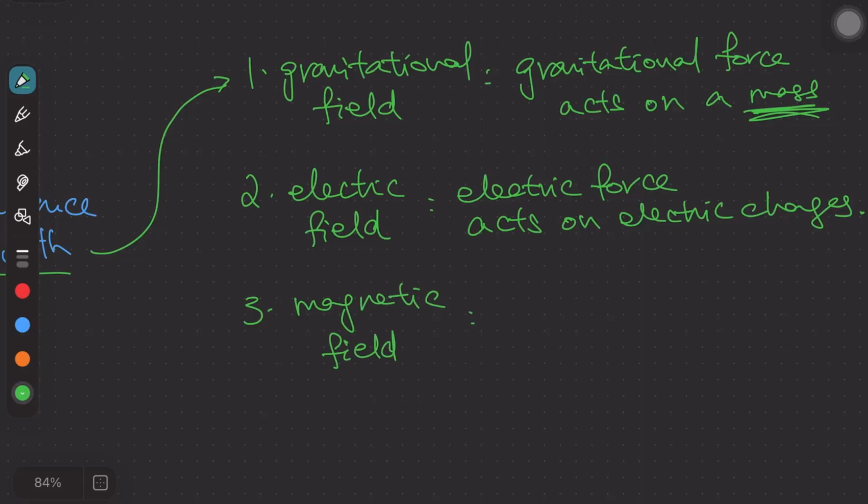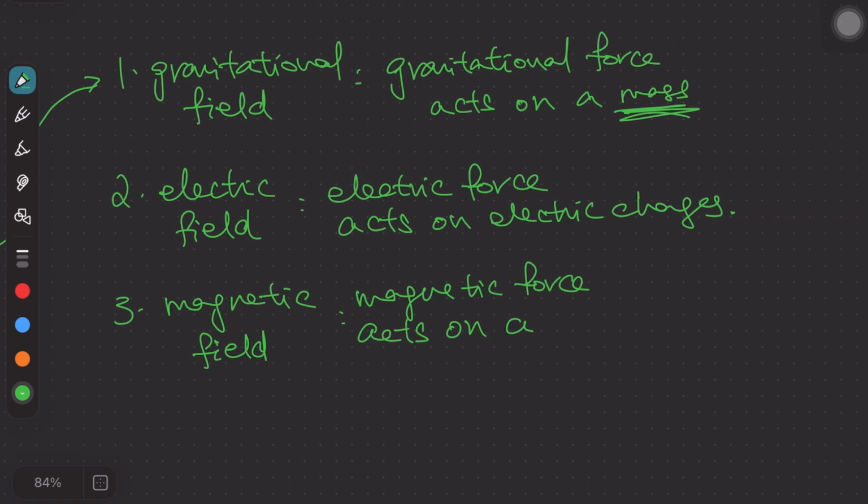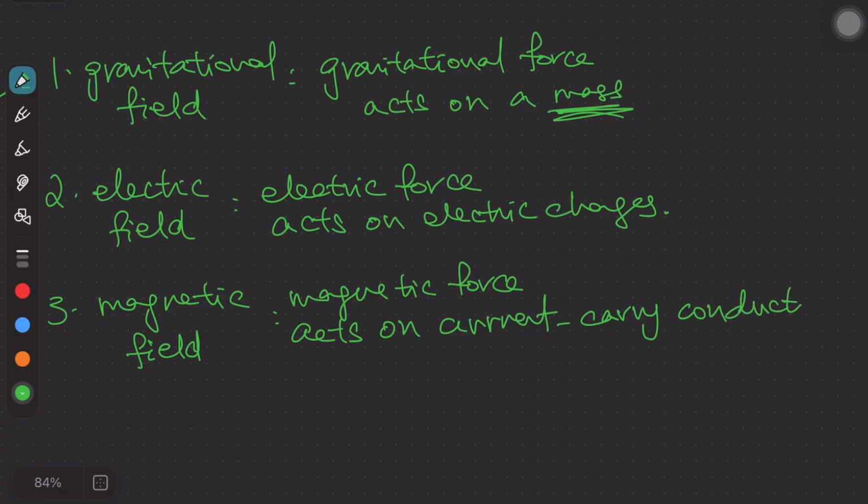A magnetic field is a field where magnetic force acts on a current-carrying conductor, a moving charge, or a permanent magnet.